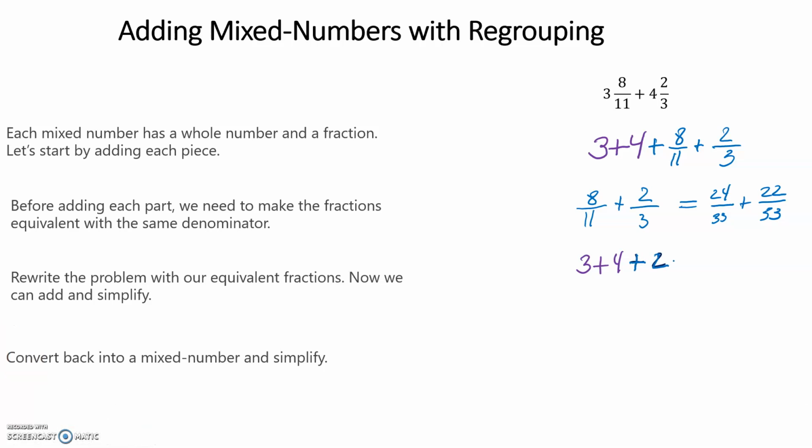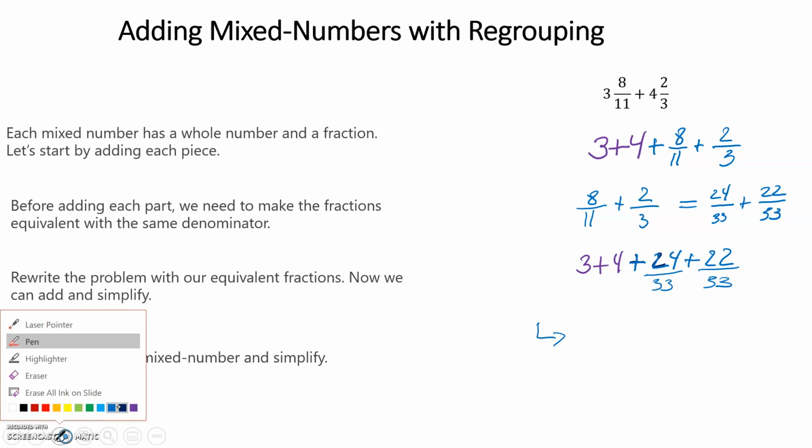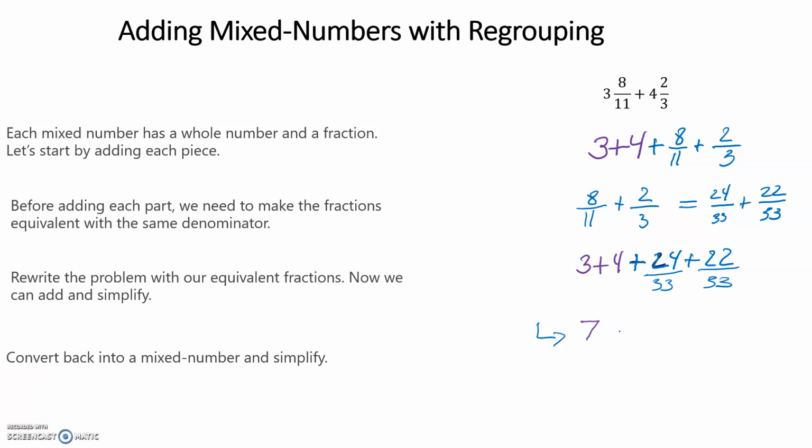And that's going to give me 7 plus, and then 24 plus 22 would be 46, 46 33rds.